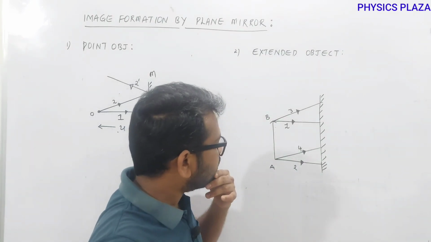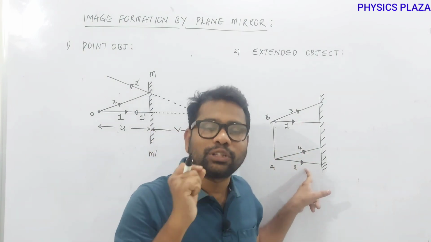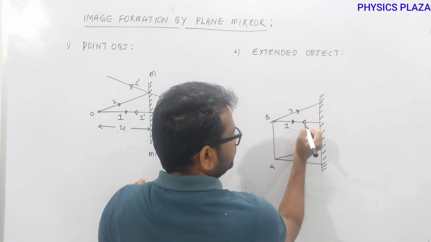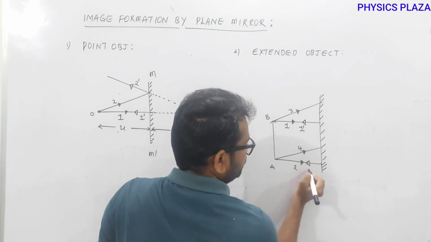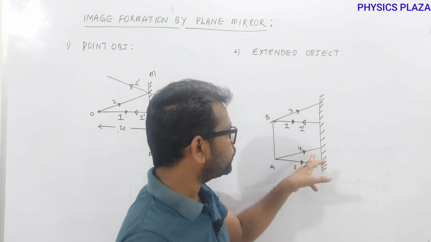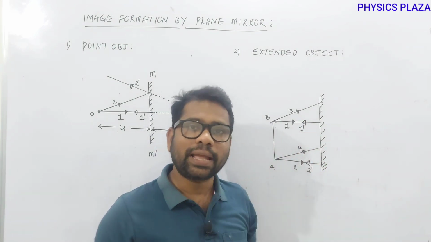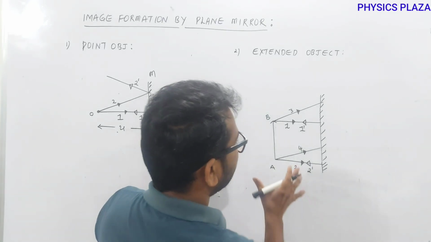Children, first let us concentrate on the first and second light rays. These are incident normal to the plane mirror. Then what happens? Their path is retraced. So this is 1 dash and this is 2 dash. Their path is retraced. What about the 3rd and 4th light rays, children? By obeying the laws of reflection, with whatever angle they are incident, with the same angle they get reflected.